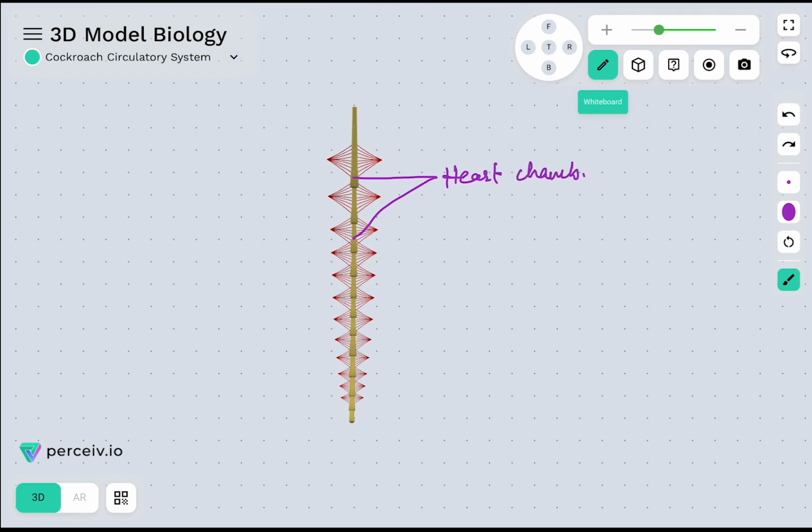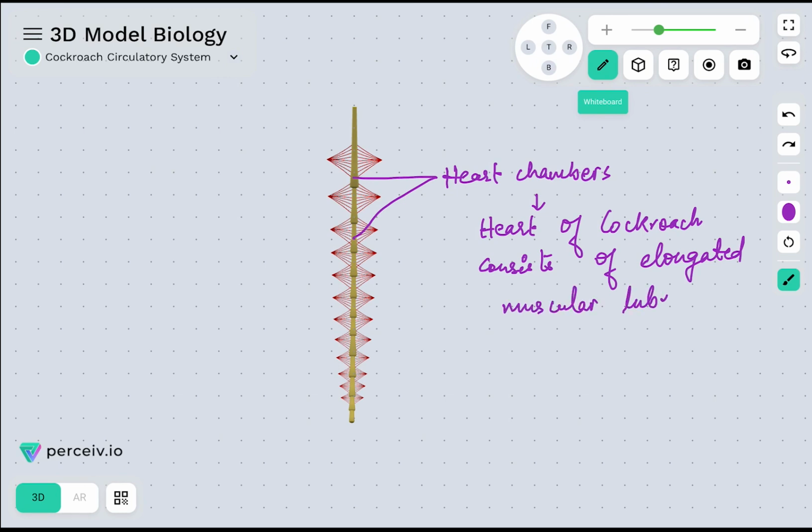These are heart chambers. And the heart of the cockroach, as I already told you, consists of an elongated muscular tube.